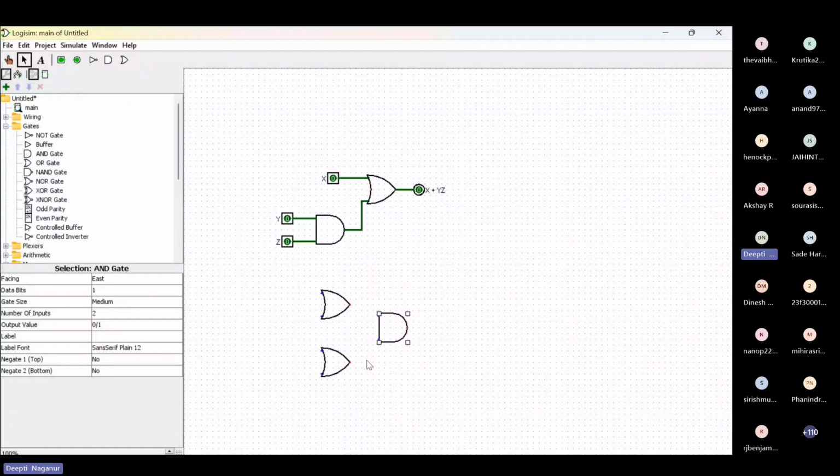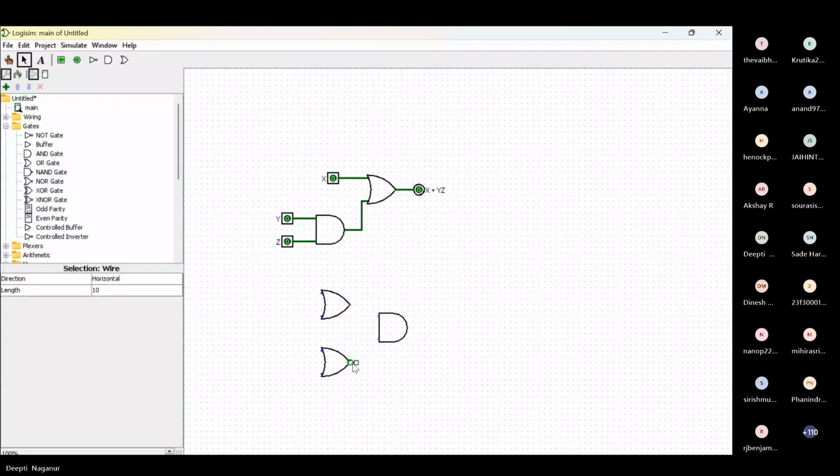One terminal, so I'm going to connect these two. Let this be X. This represents Y, and this will be Z, and this is the output.